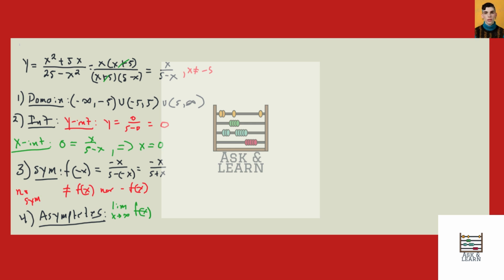So since this is a rational function, we know that since they have the same degree in the top and bottom, we would just divide the coefficients. So it's going to be 1 over negative 1, or negative 1 as x goes to infinity, and we get the same thing for going to negative infinity as well.